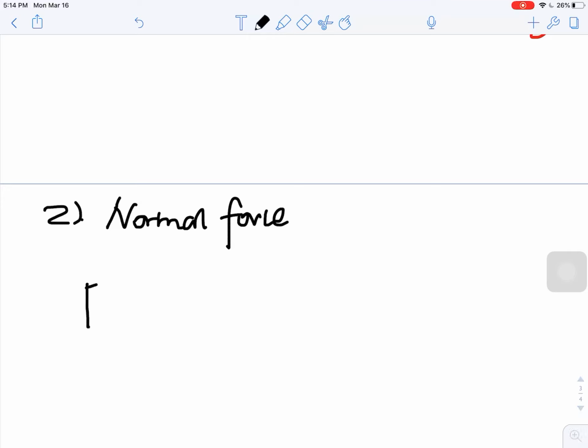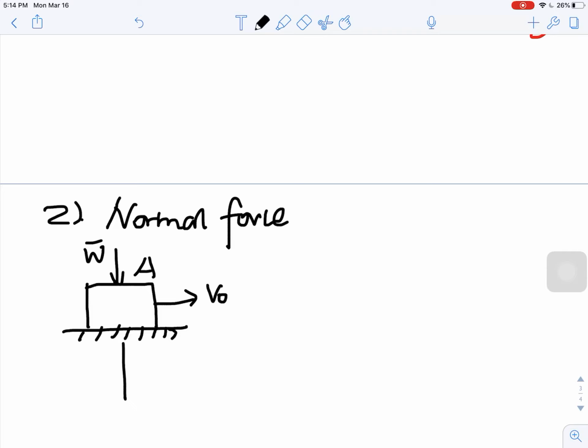If we have a block A sliding on a surface, we have the weight force and the normal force. The work of the normal force is the normal force dot e_t hat, which equals 0.